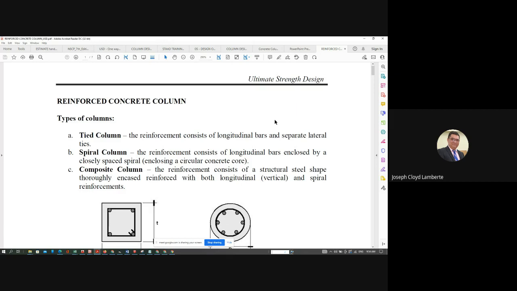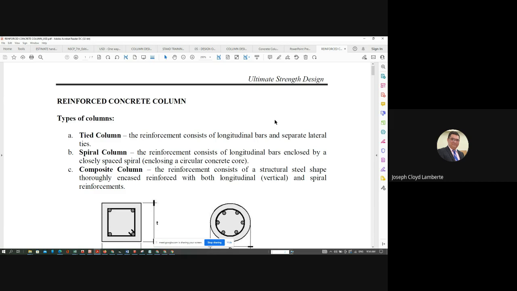While a composite column is one where the reinforcement consists of a structural steel shape, no? It may be an I-beam, a wide flange, or a C, or any structural shape, thoroughly encased with reinforced concrete in both longitudinal and confined with spiral reinforcement.